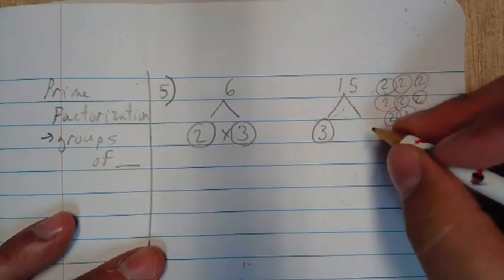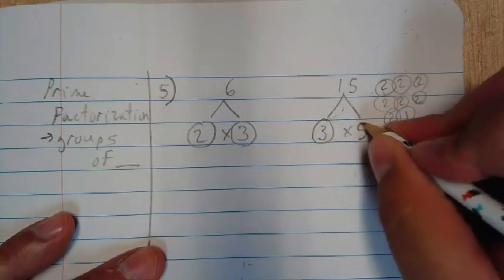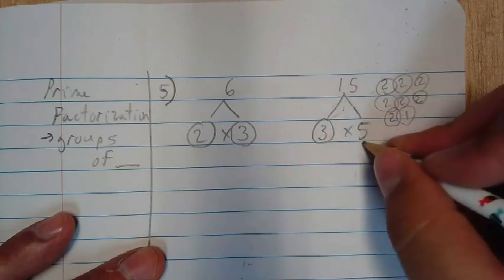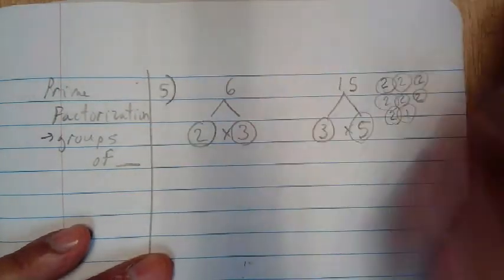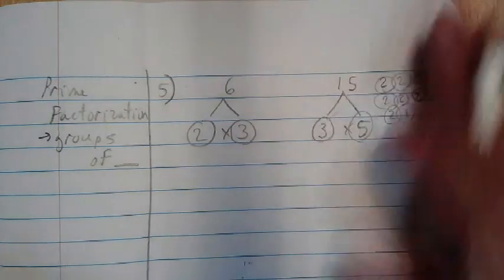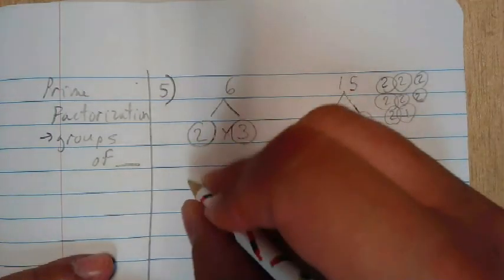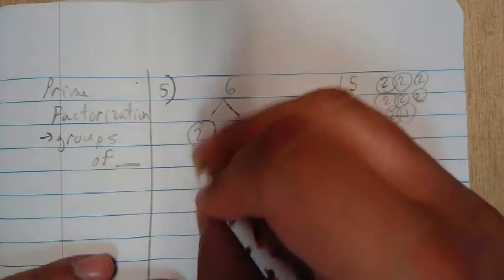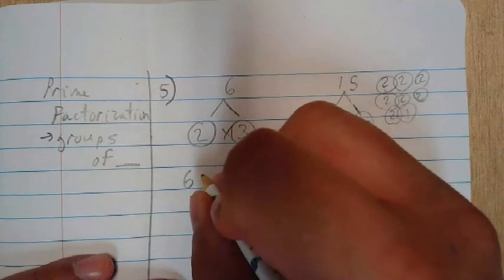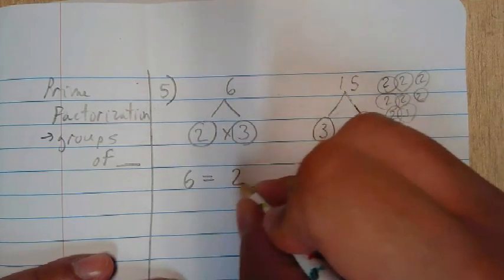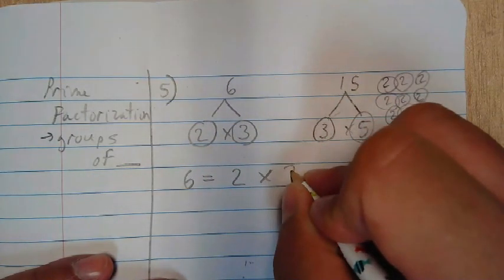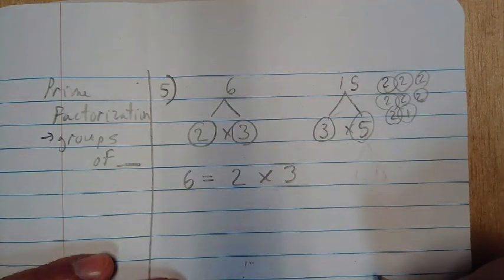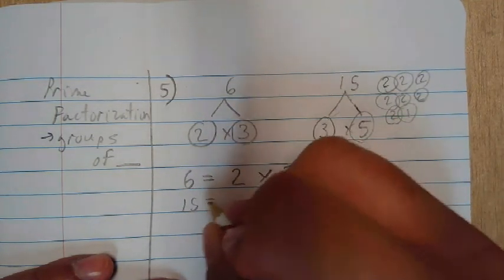Now, 6 groups of 9, 54. 7 groups of 9, 63. Stop. The LCM, the least common multiple, the smallest multiple that they both have in common, is 63. So what does this mean?